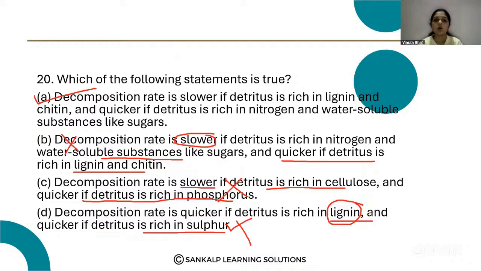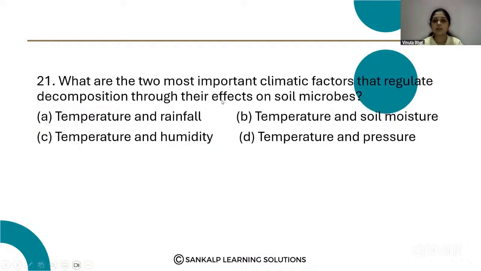Next question. What are the two most important climatic factors that regulate the decomposition through their effects on the soil microbes? Which two factors control it? Temperature and rainfall, temperature and soil moisture, temperature and humidity, temperature and pressure.